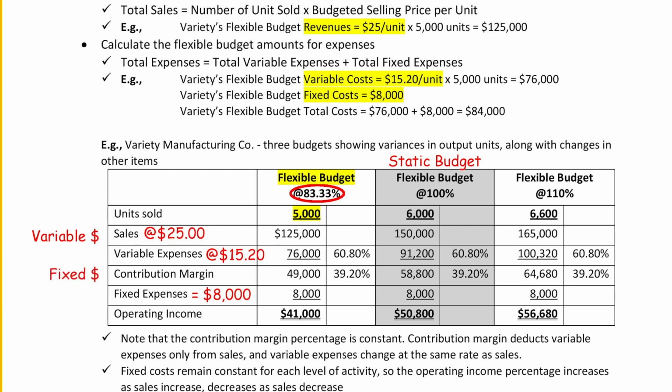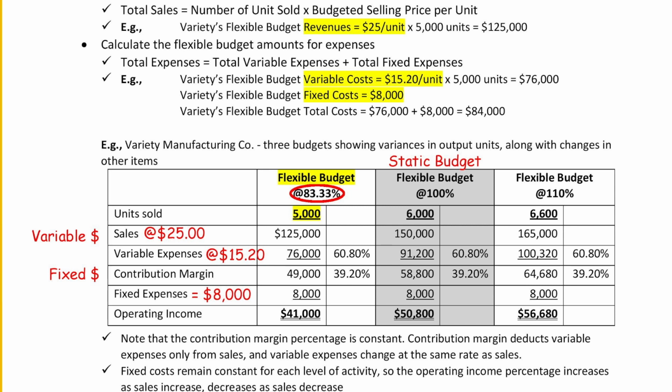So now looking at the flexible budget at 5,000 units of sales. 5,000 units multiplied by $25 per unit budgeted sales gives us $125,000. Variable expenses, $15.20 multiplied by 5,000 units, is $76,000. Fixed costs remain fixed at $8,000.